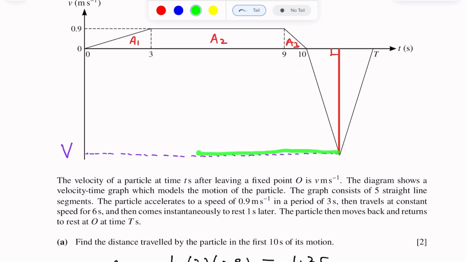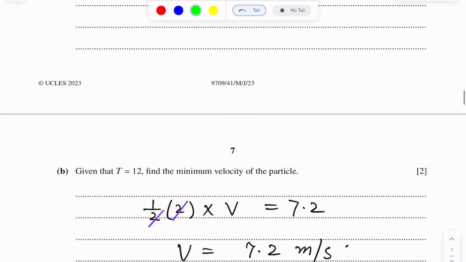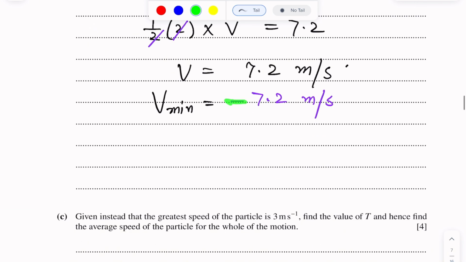So the minimum velocity is this. We will represent it by a negative sign, since it is velocity.